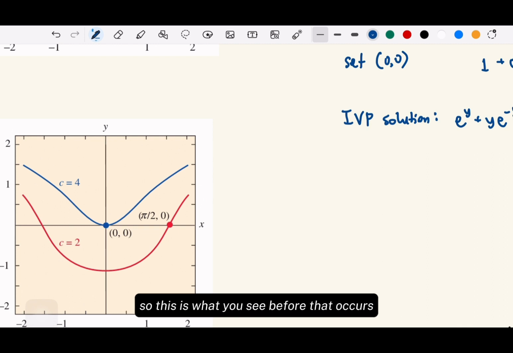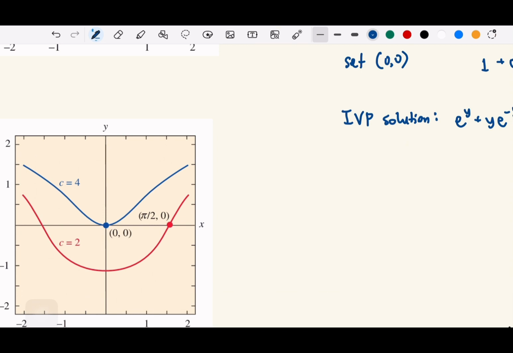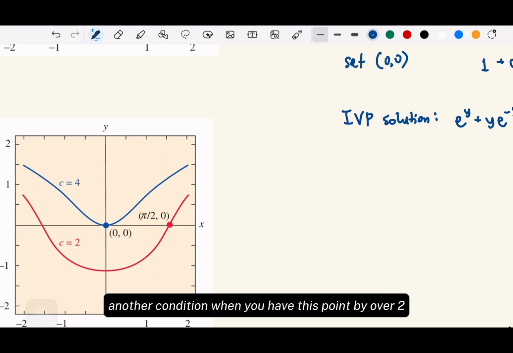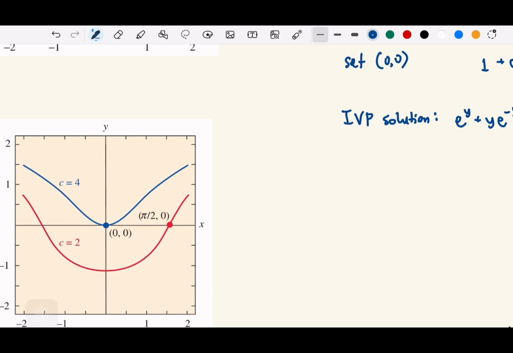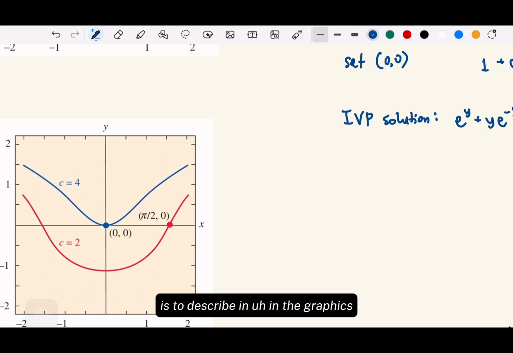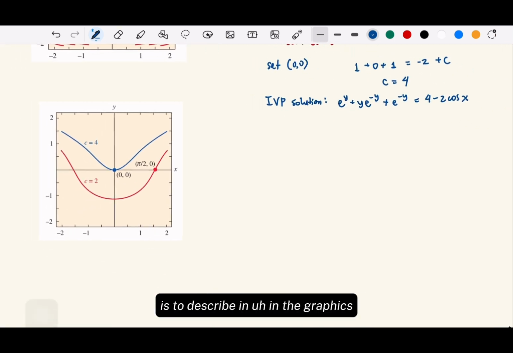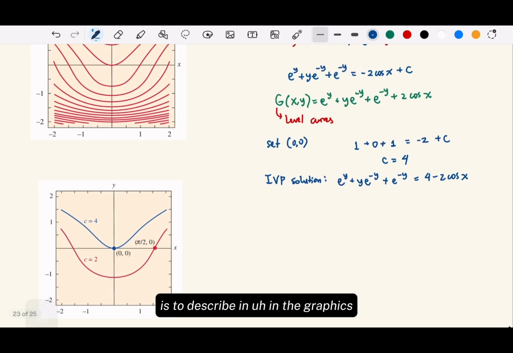So this is when c equals 4, the level curves. And if you want to check another condition, when you have this point pi over 2, 0, that your c is equal to, okay? Just to describe in the graphics.